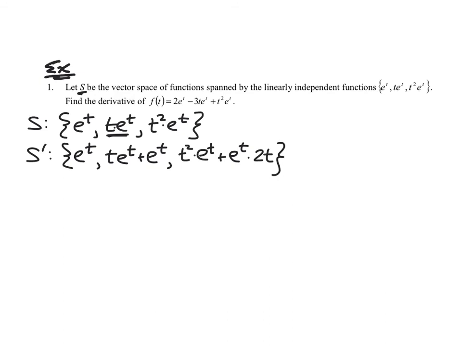So I could rewrite e to the t, I'm going to leave alone for a sec. The other one I could write as e to the t plus te to the t. And the last one, 2t e to the t plus t squared e to the t.